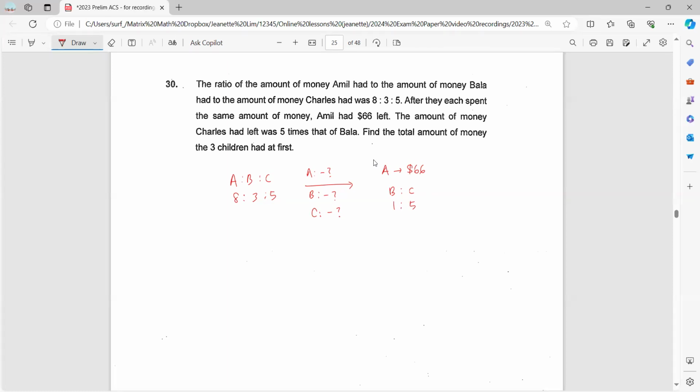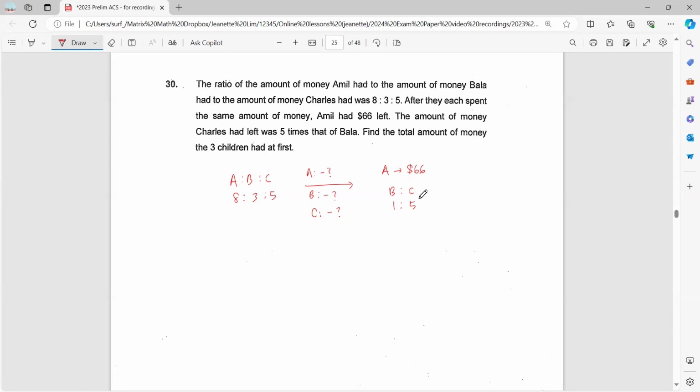Now, although there are 3 people, if they all spend the same amount of money, the difference between each of them is actually the same. If we are talking about B and C, then the difference between B and C is the same before and after.